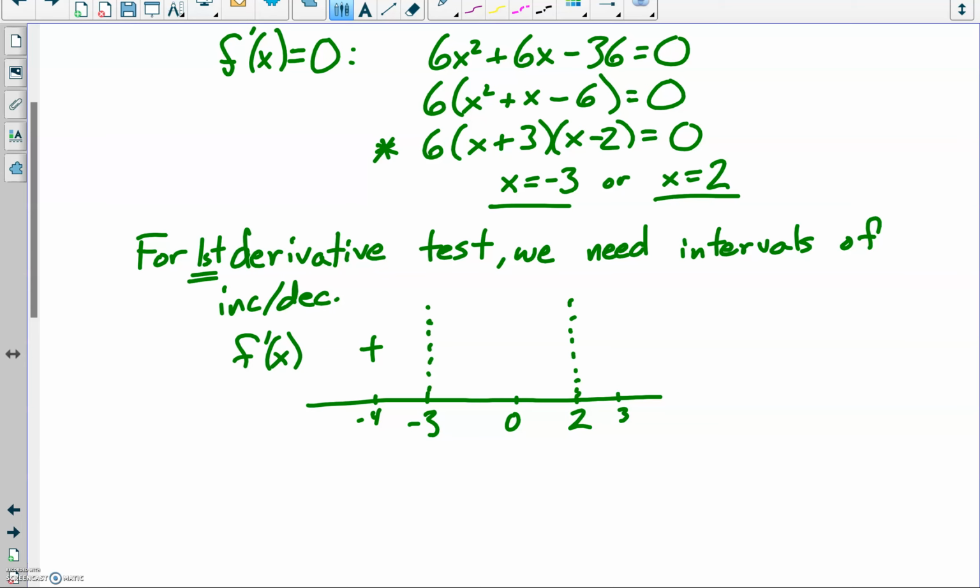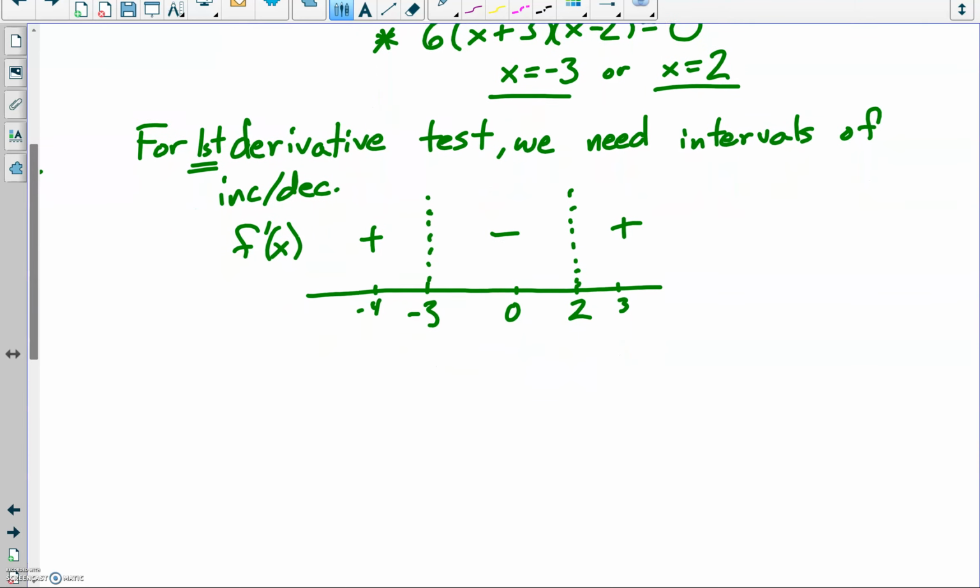So a positive, positive, negative multiplied together, that'll give me a negative result. And for the 3, I'm going to get 6 is still positive, x plus 3 will be positive, x minus 2 will be positive, so positive times positive times positive. So f prime will be positive from that 2 on out to the positive infinity.